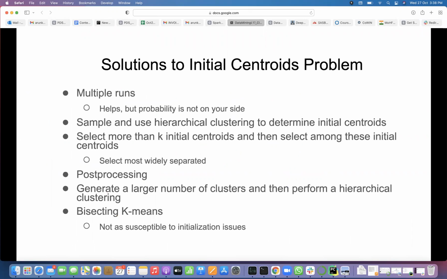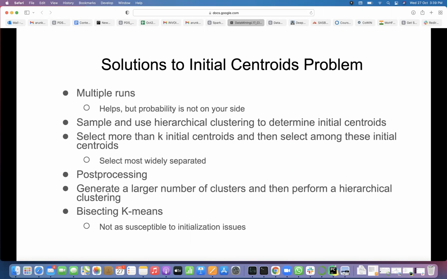What is the solution to the initial centroid problem? You asked the same thing, right, Harideep? Yes. The solution is this: multiple runs help, but probability is not on your side. You do it many times, but even then the probability that 1 point belongs to each cluster is negligible.